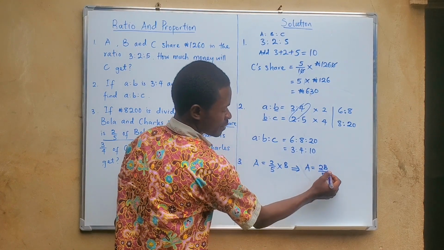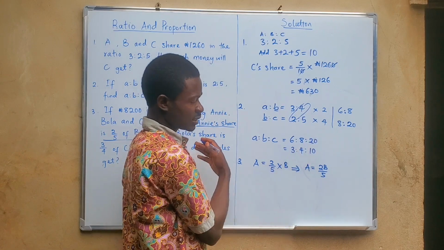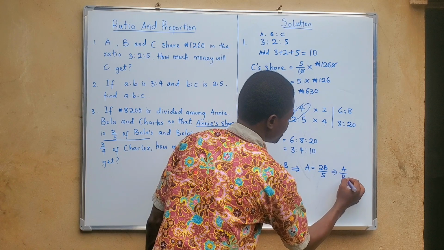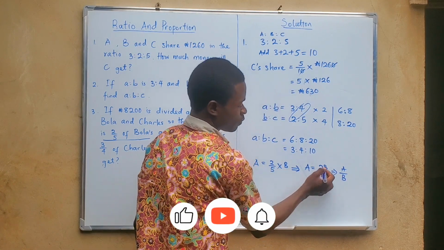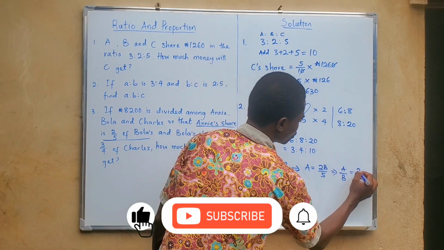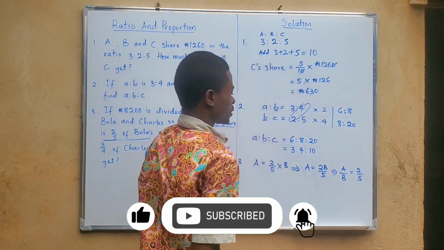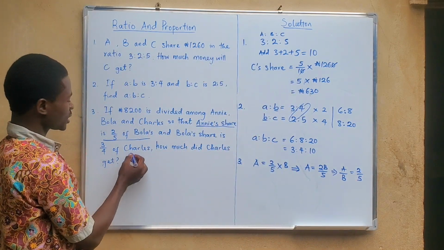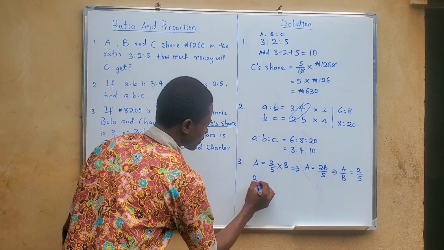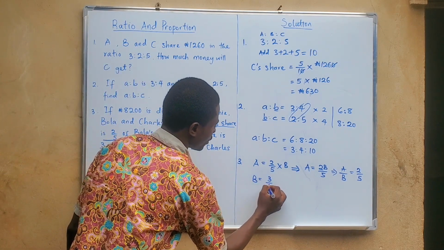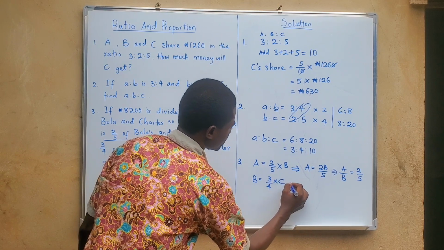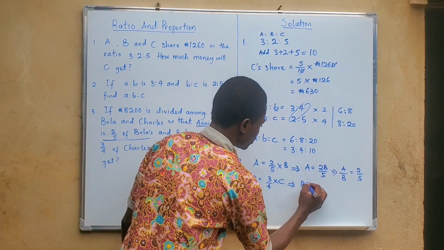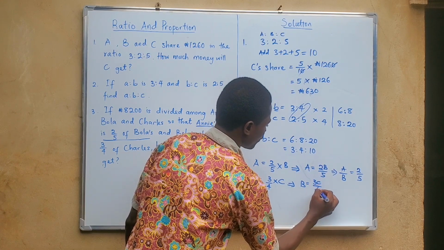And I'll divide by B so that I'll have the letters on one side. So that implies that A over B, if you divide by B, 2 over 5 remains alone, equals 2 over 5. And that's that. So the other side, Bola's share is 3/4 of Charles. Again, B for Bola equals 3 over 4 multiplied by C. And that implies if we merge them together, B equals 3C over 4.